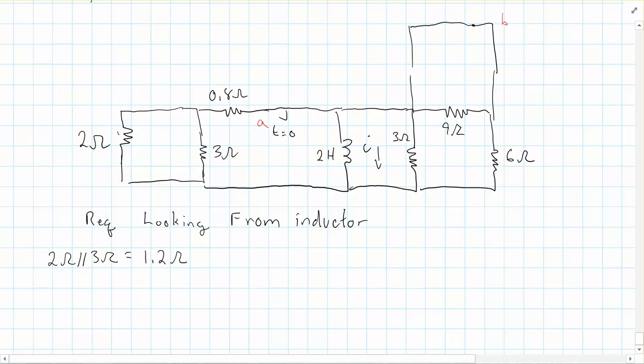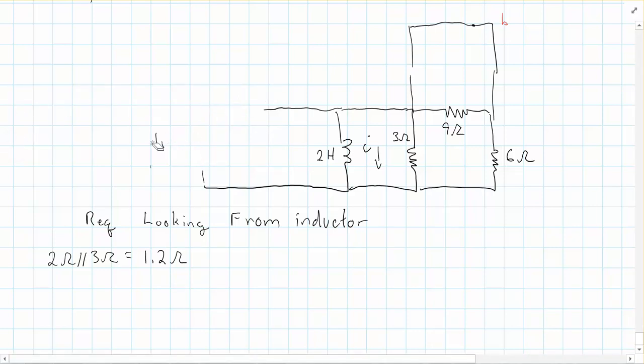We get 1.2 ohms. So I'm going to draw that here, 1.2 ohms, and then we have the 1.2 in series with this 0.8. So that would be just 2 ohms. And so I've got a 2 ohm right here.